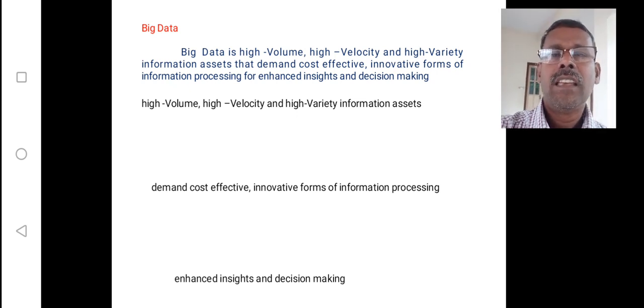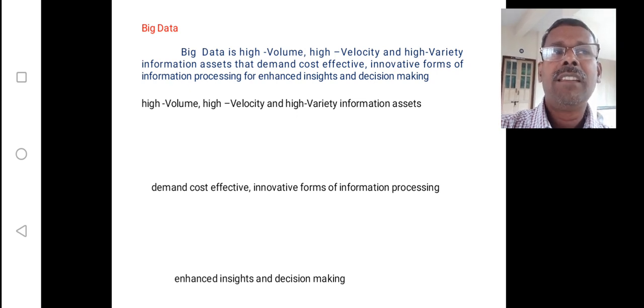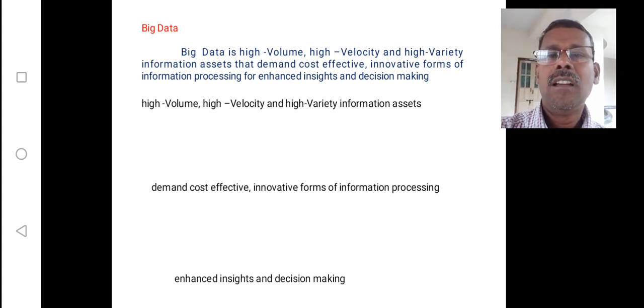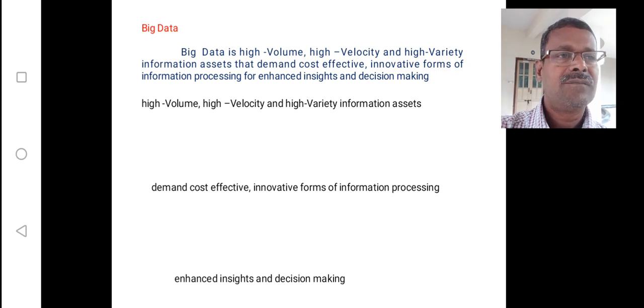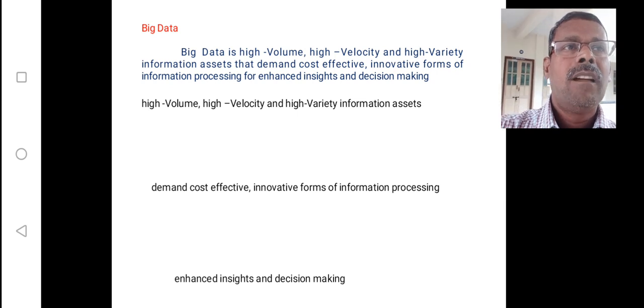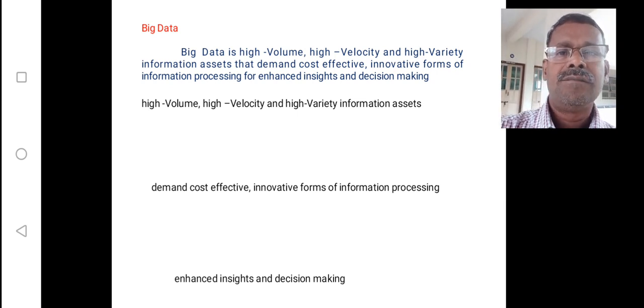Data refers to meaningful or factual information. What is factual information? For example, age is data.